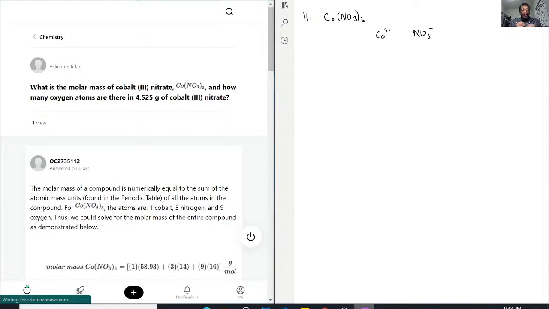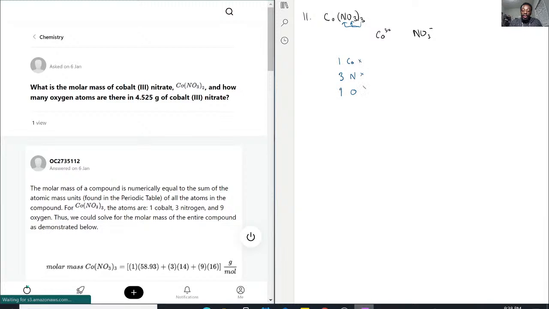So we want to find out first the molar mass of cobalt-3 nitrate. We want to add up the constituents. So we have 1 cobalt, and now we're going to multiply 3 into each part there. So we have 3 nitrogen, and we have 9 oxygen.